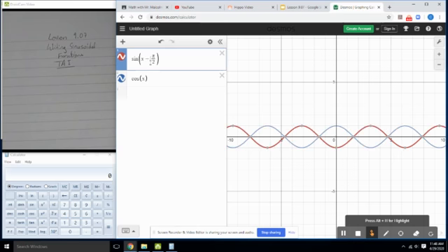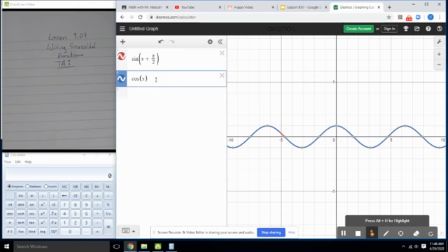It moves the other way, which is not what we want. We want to use positive so that they overlap, and as you can see, they're the same function. So sine of x plus pi over 2 is the same as cosine of x.